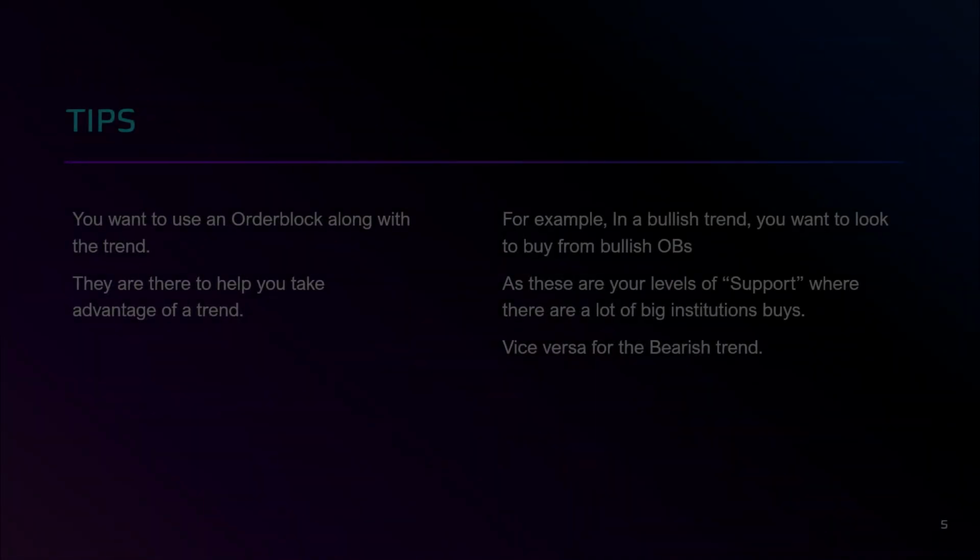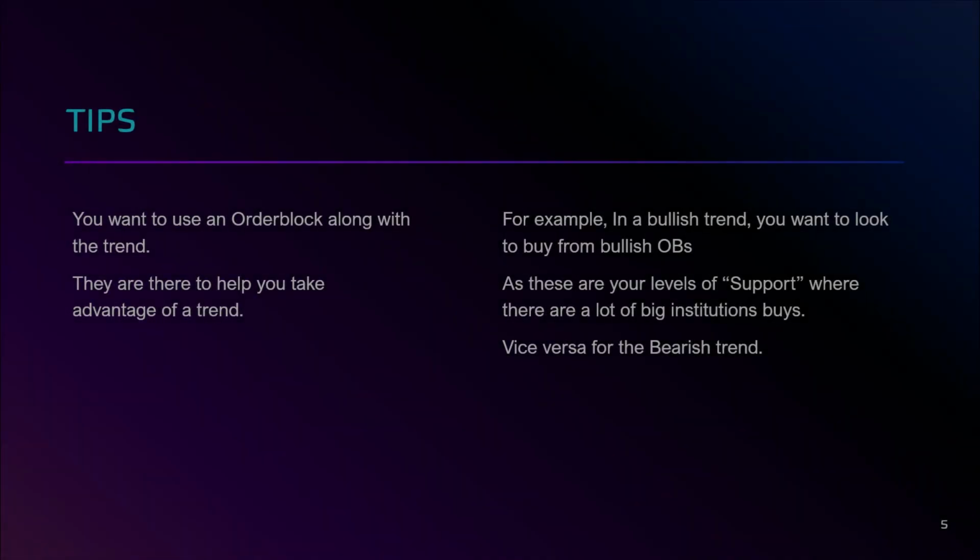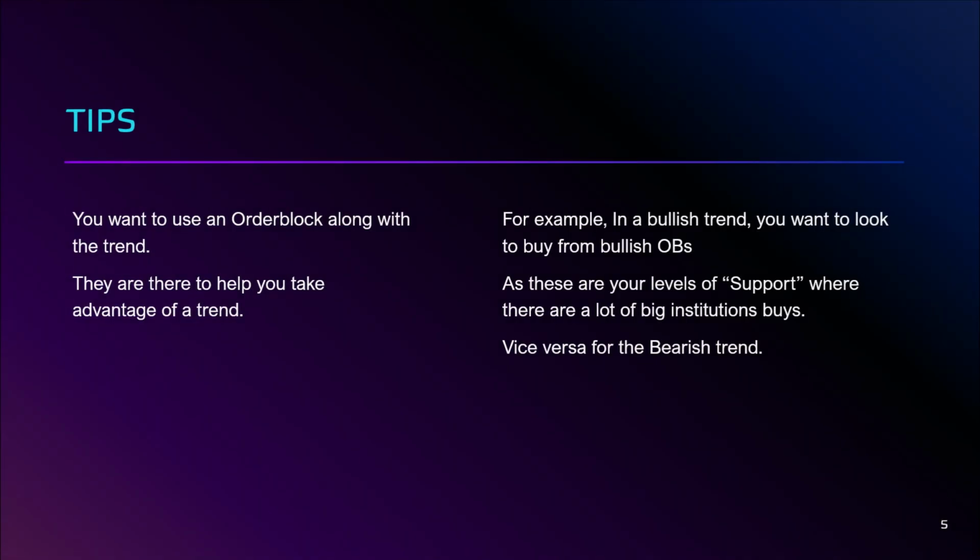Okay, guys. So now just some tips on order blocks. What you want to do is use an order block along with the trend. An order block is there as a confluence to help you to make informed decisions on when to enter the market.